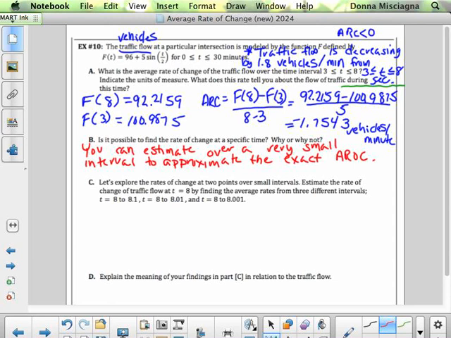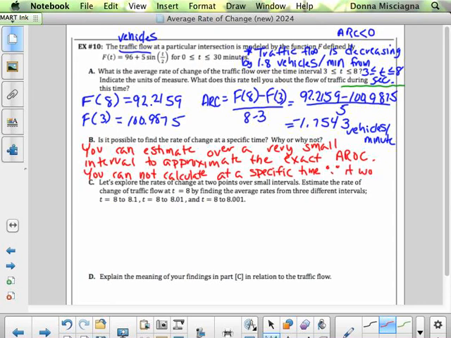Rather than write the words rate of change. You cannot calculate at a specific time. Because, actually, I'm going to use the symbol. Save an inch of space.